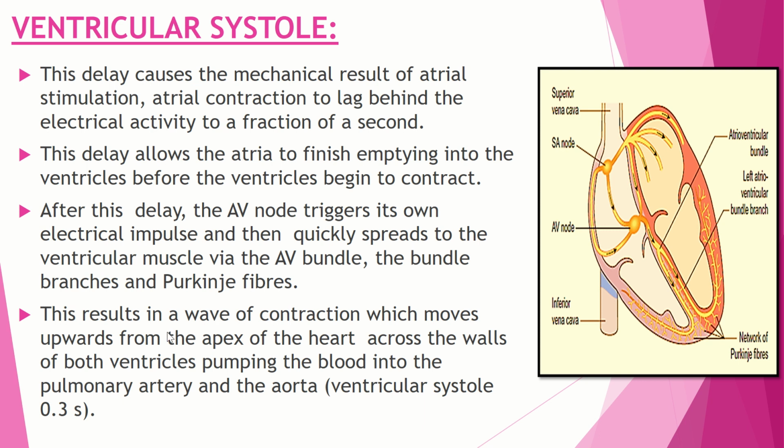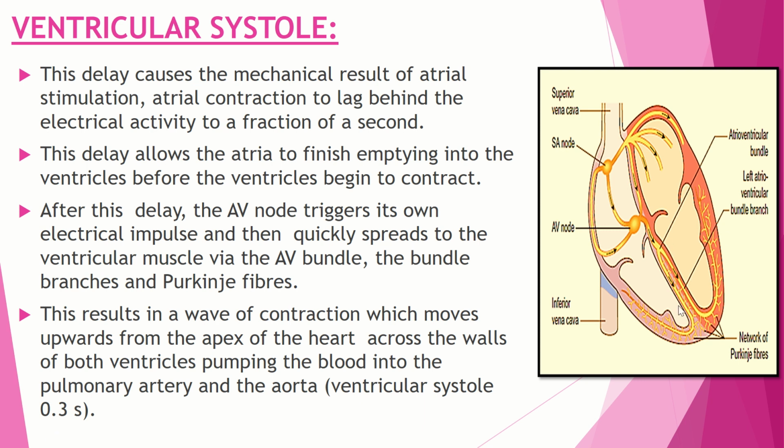This results in a wave of contraction which moves upward from the apex of the heart across the walls of both the ventricles, pumping the blood into the pulmonary artery and the aorta. The ventricular systole lasts about 0.3 seconds.